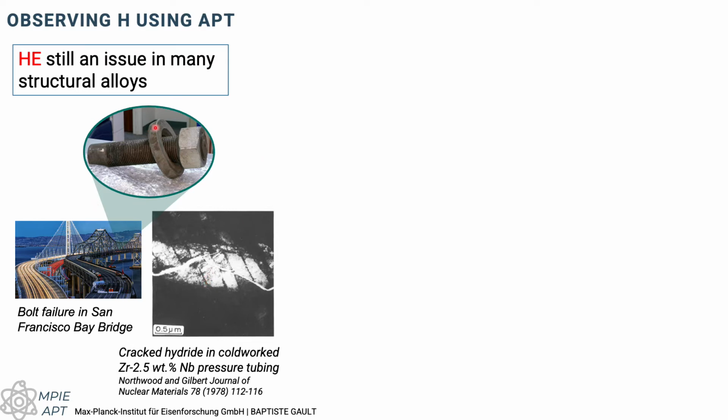And it can cause mayhem, bridges failing and pipelines failing, and the cladding of nuclear fuel, for example, breaking down, which is really not exactly what we want. And analyzing these light elements is a frontier of microscopy and microanalysis.